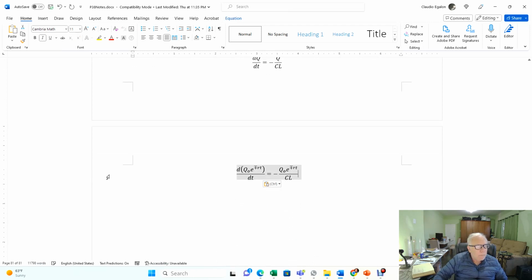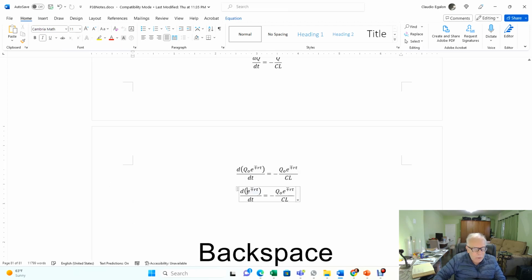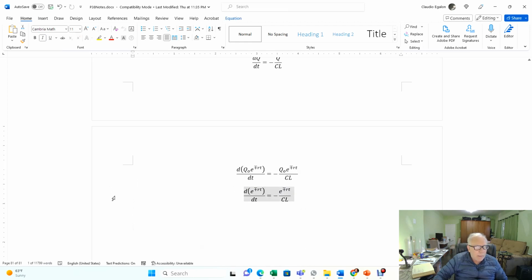The Q naught cancels out with the Q naught. And then we have to take the derivative. The derivative is like that, this one here, and the plus and minus R, or the minus and plus R, right?